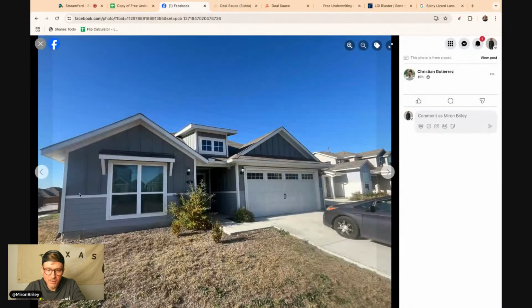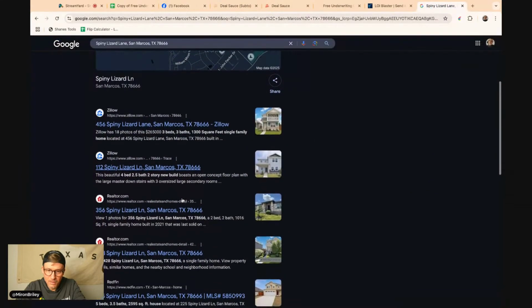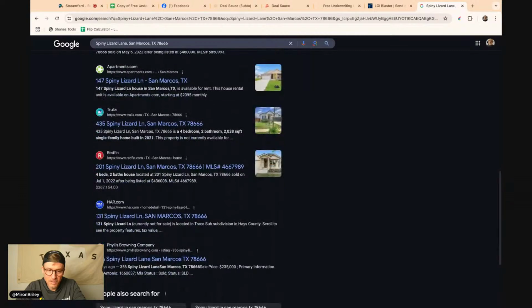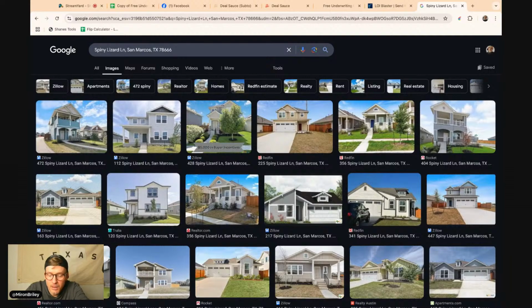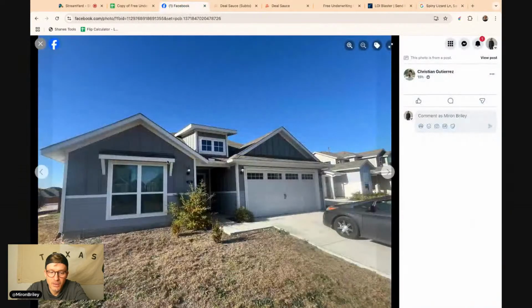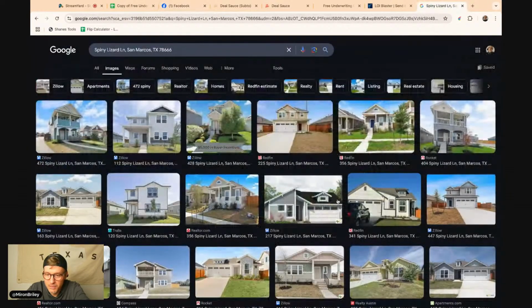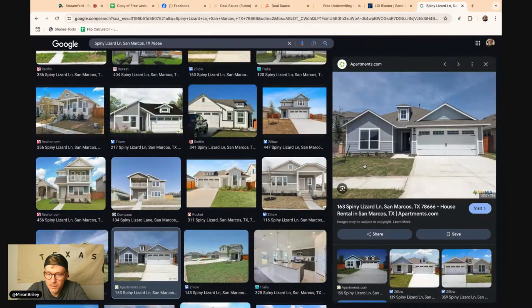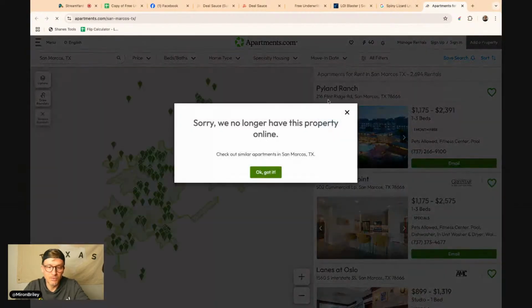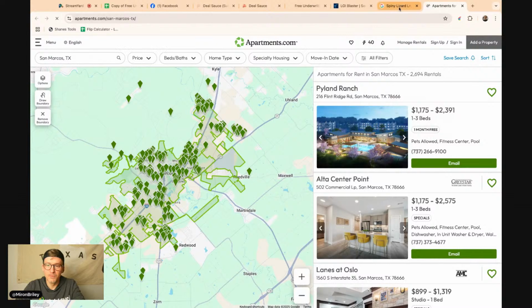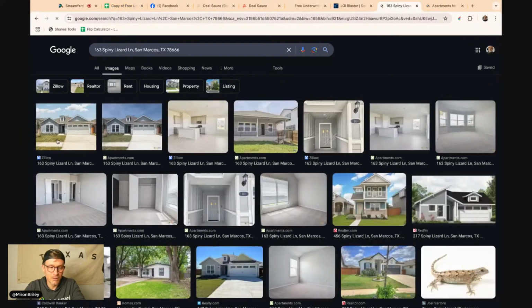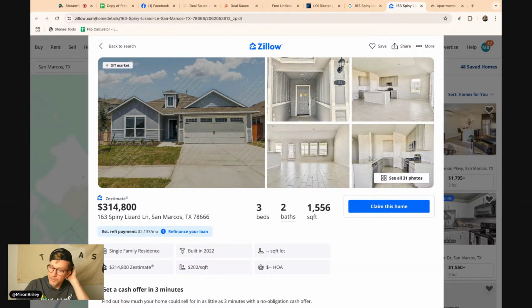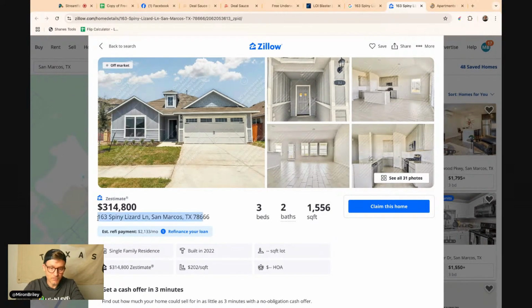It looks like that. Oh, brother. Okay. It's a rental. 163 Spiny Lizard. All right, let's underwrite this guy.